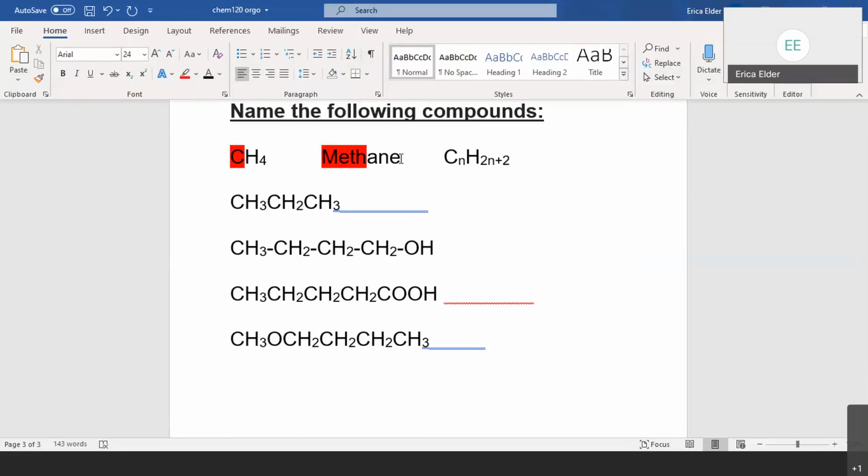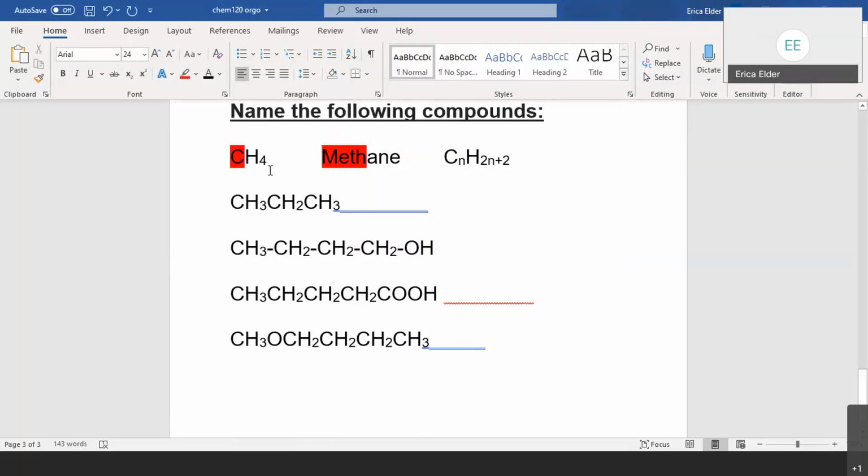Okay, and the formula for alkanes is here. N is your number of carbons. Then your number of hydrogens would be 2 times your number of carbons, plus 2. So in this case, 2 times 1 is 2, plus 2 gives us 4. So we have CH4, which is exactly what we have here in the beginning of our problem.